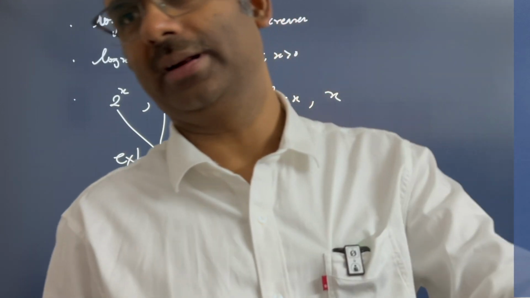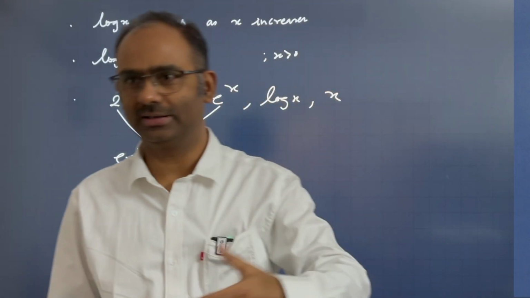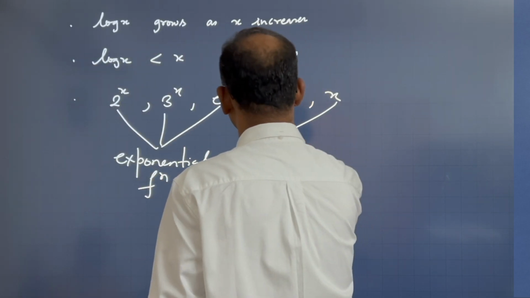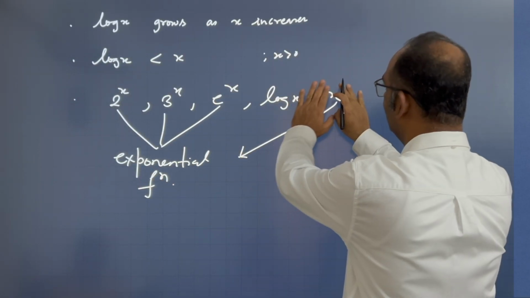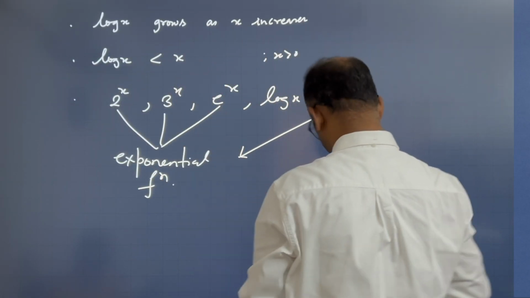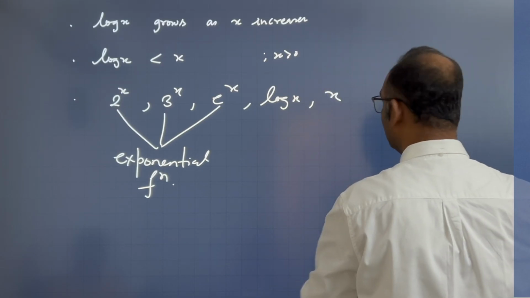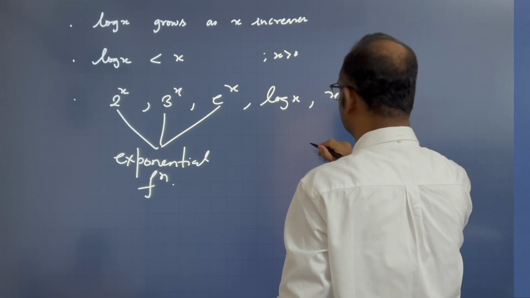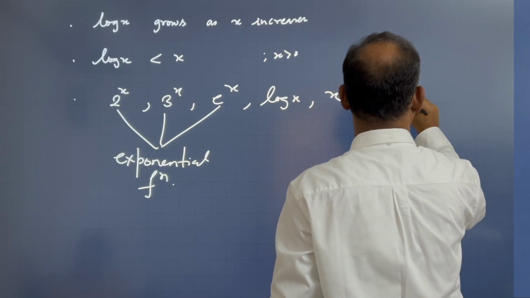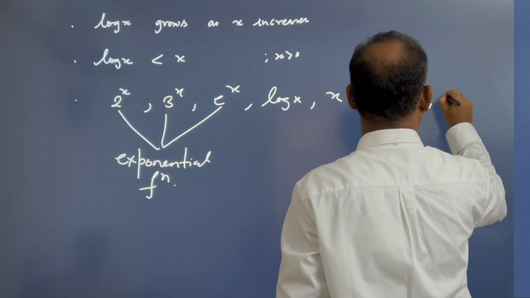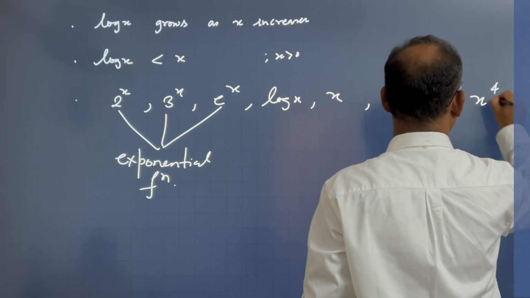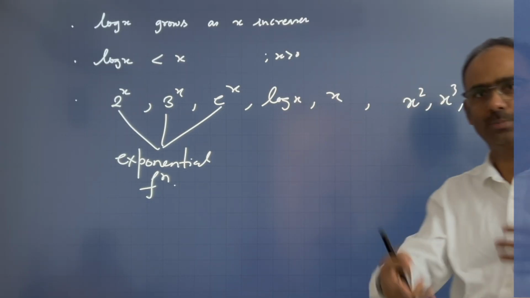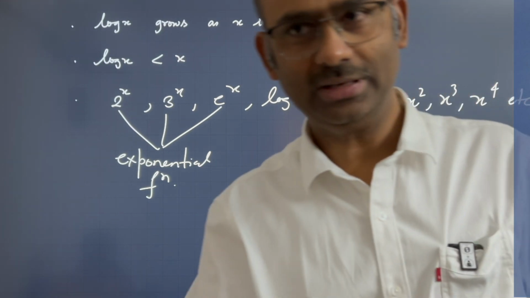It's 2 power x or 2.1 power x or 3 power x, they will all behave in a similar way. And more importantly, compare how exponential functions grow compared to polynomial functions: x square, x cube, x to the 4, etc. Or you can make any polynomial, x power 4 plus 3x square plus 1, okay, like that.